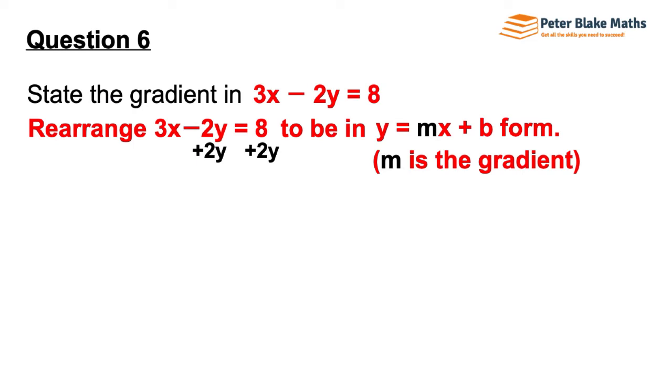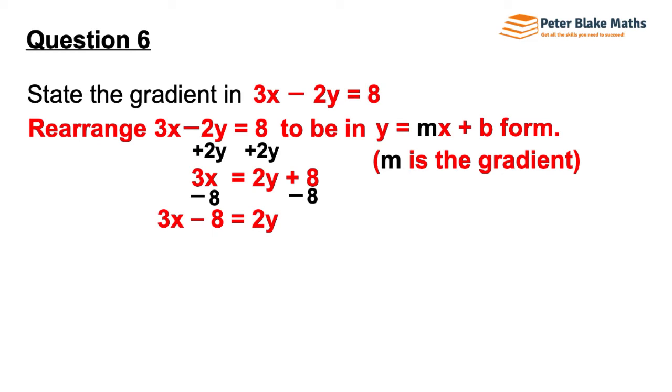On the left hand side, the minus 2y and the plus 2y cancel out, leaving us with 3x. On the right hand side we write 2y plus 8. They're not like terms, so they can't join together. We want y on its own eventually, so let's move the plus 8 by subtracting 8 from both sides. On the left hand side they're not like terms, so they just get listed, and 2y is on the right hand side because the plus 8 and the minus 8 cancelled.